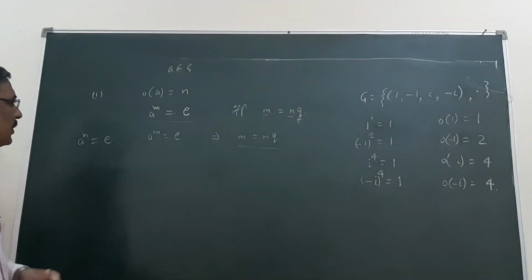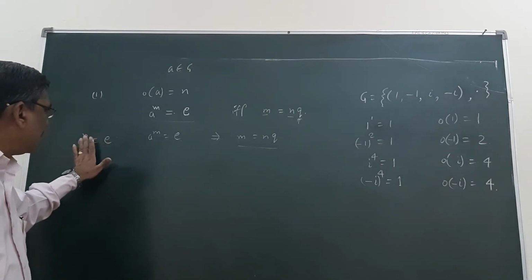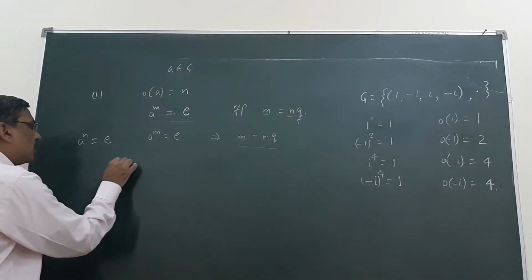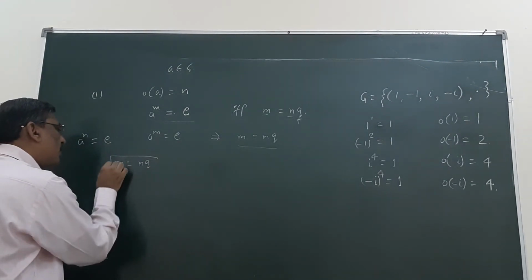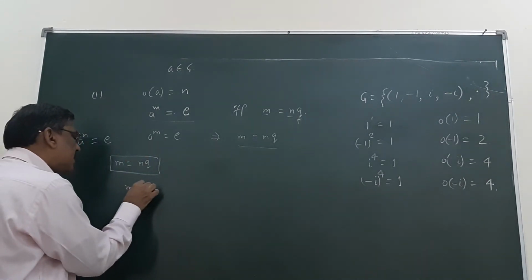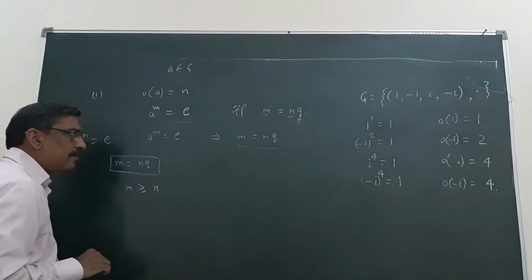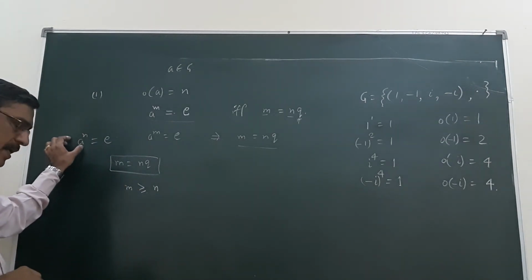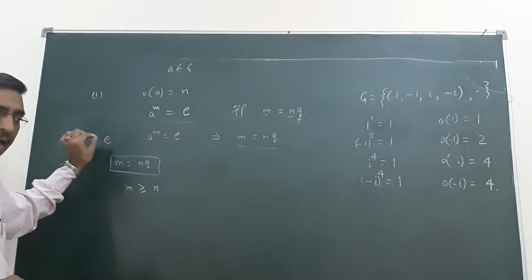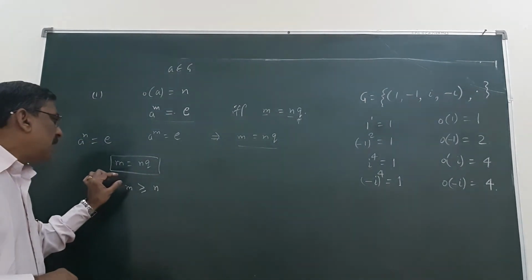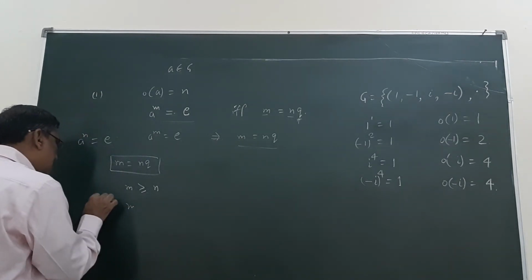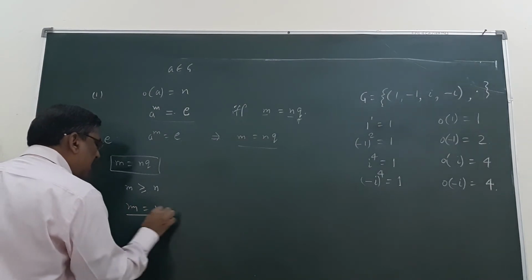So let us start, to prove that m is equal to nq. In order to prove this result, let us start with m greater than or equal to n. Since the order of A is n, it means n is the lowest one. First case, if m is equal to n, then it is obvious.